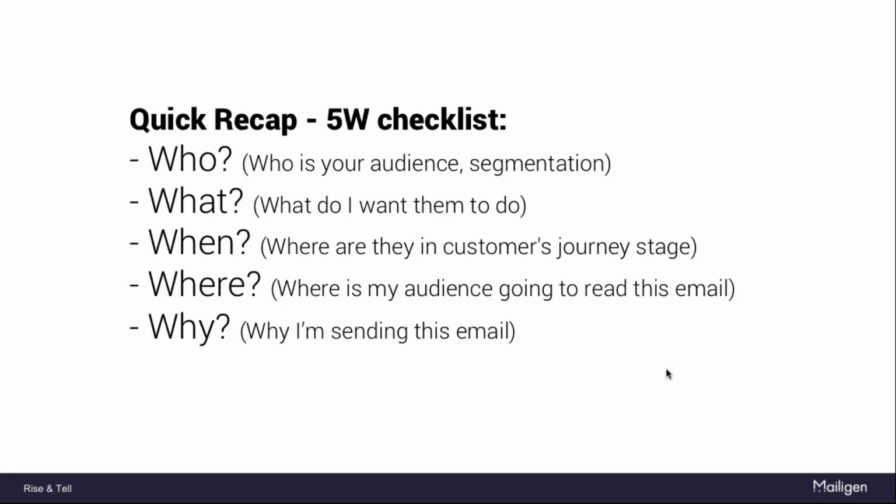All right, a quick recap on the 5W checklist that you should use for a single shot email campaign, but in this case for automation. Always consider who, what, when, where, and most important, why you are sending. And this why also depends on where they are in the customer cycle.